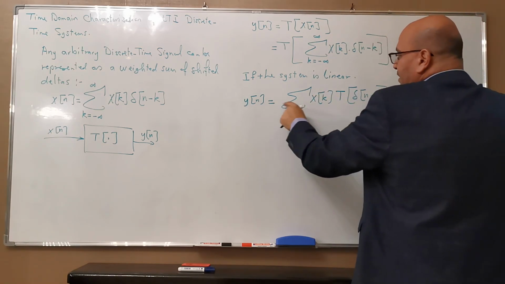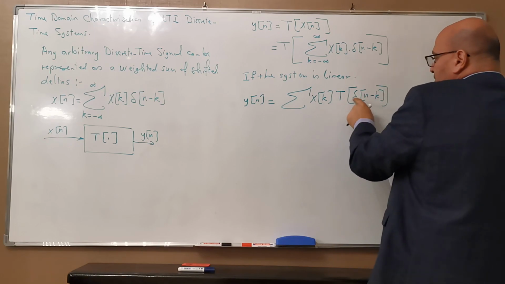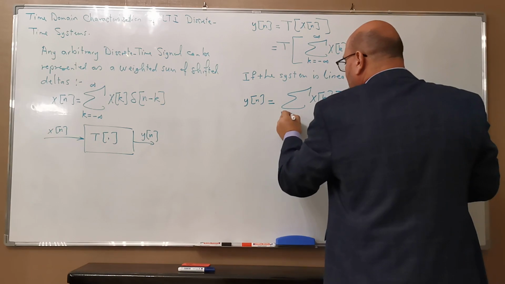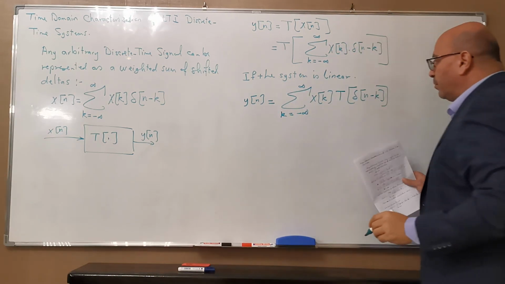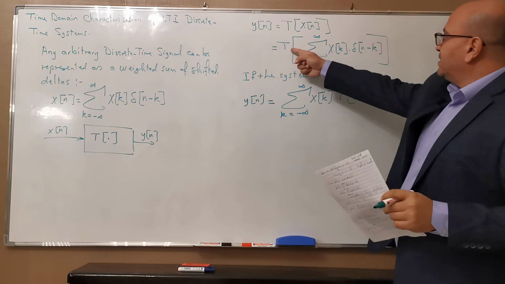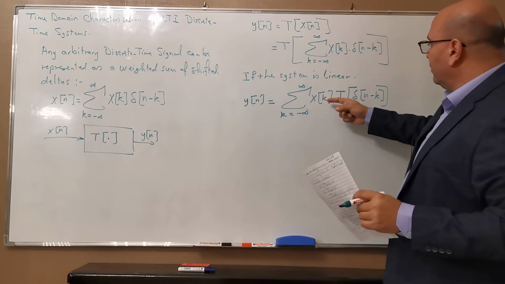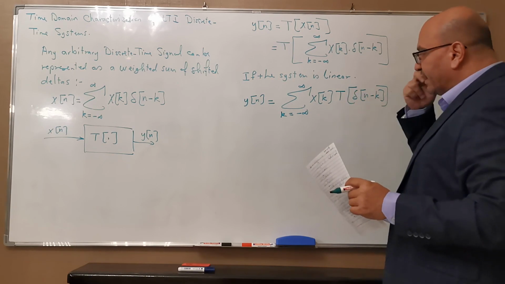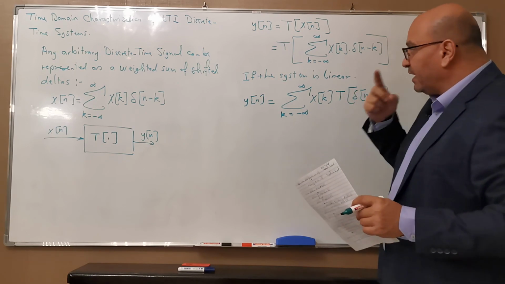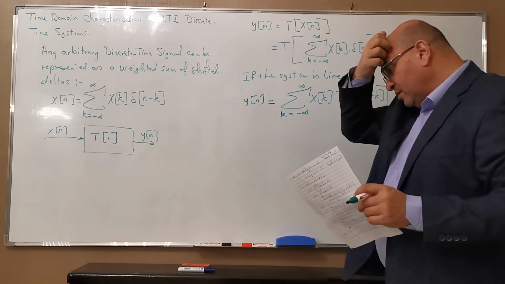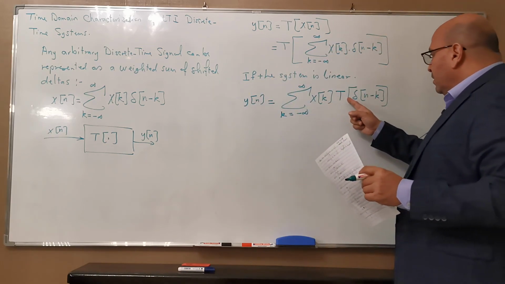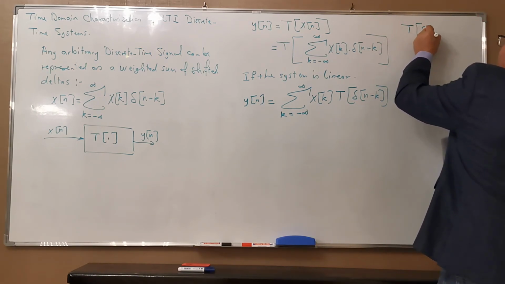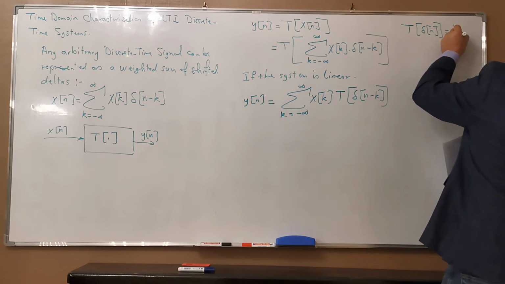If the system is linear, then we take the responses of the individual deltas, and we get the output. So this is from minus infinity to infinity. Because of linearity, the transformation goes inside the summation, and you will have the transformation of each delta inside. Now, as we discussed a while ago, the transformation of a delta of n has a special name, which is h of n.